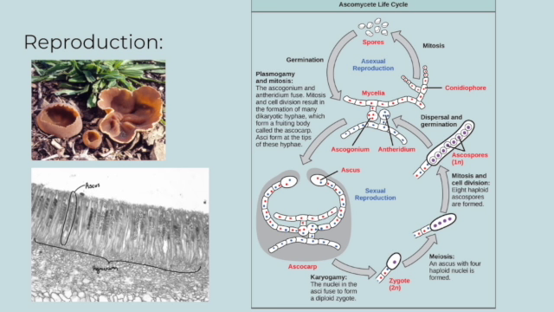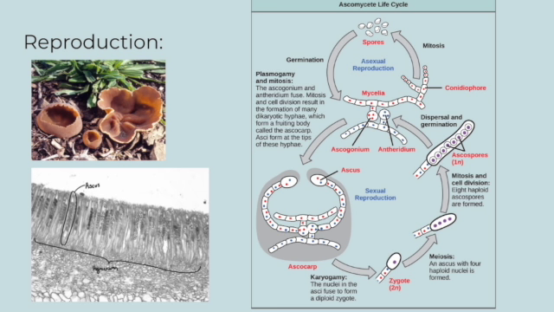When it comes to reproduction, like I said, some are asexual, some are sexual, but asexual reproduction is the dominant reproduction in Ascomycota, and it's actually responsible for the rapid spread of fungi into new areas.